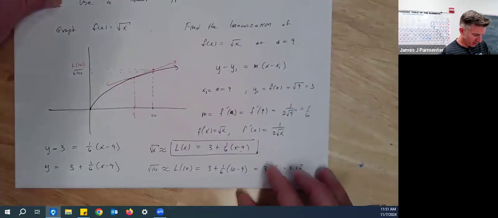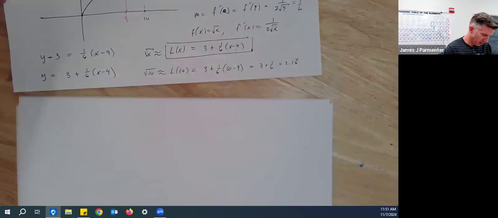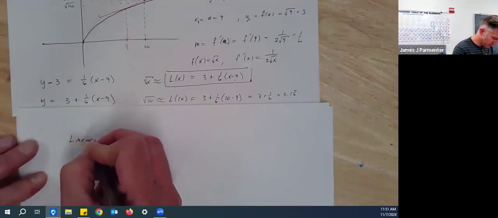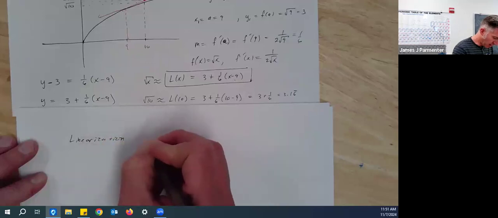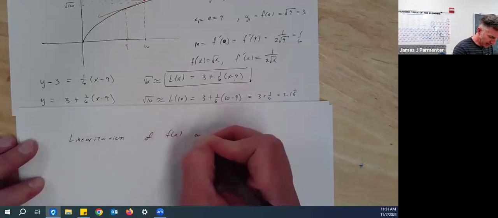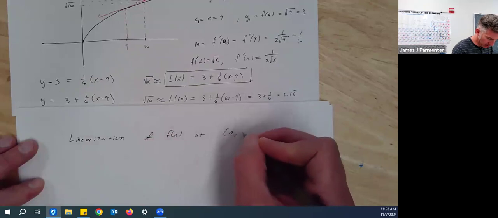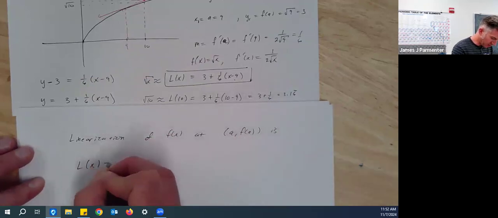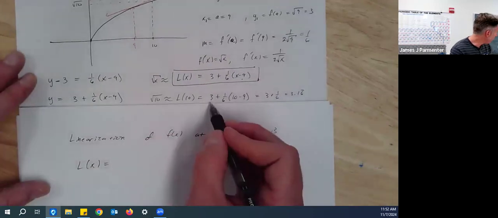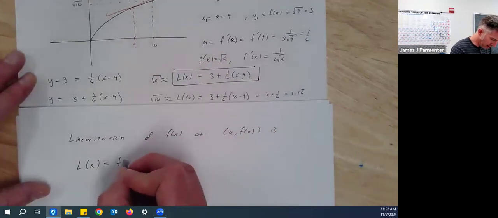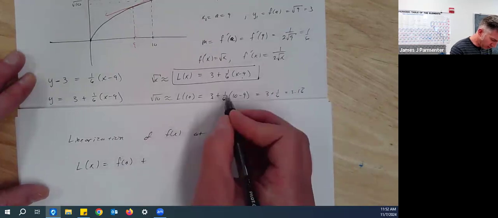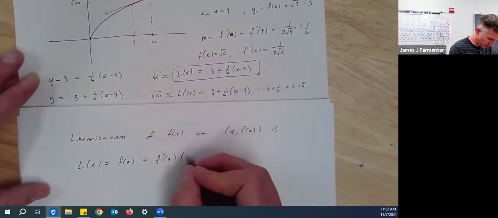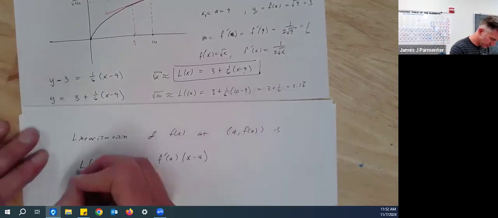So I will just say finally, the general formula for a linearization of f of x at the point a comma f of a is L of x equal to your y value, f of a, plus your slope, f prime of a, times your x minus your x coordinate, which is x minus a.